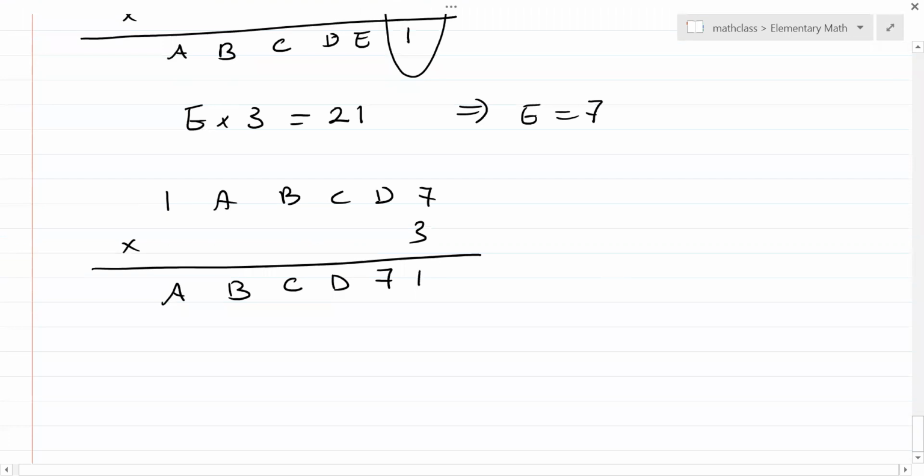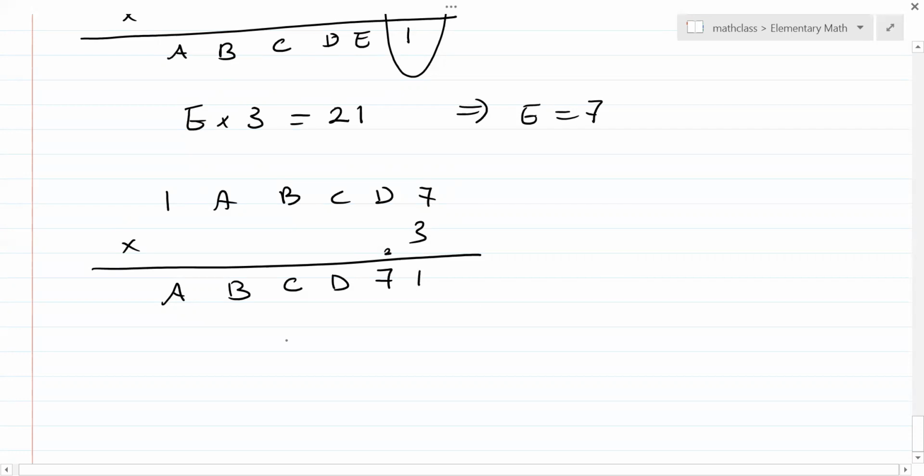What is the next step? Just like a pure banana, 1 by 1, you figure out the rest of the numbers. So 3 times 7 is 21, so you put the 1, and the 2 carries here, right?